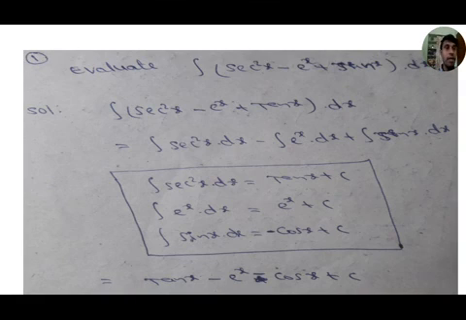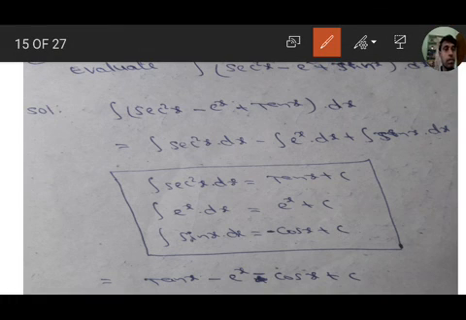First problem, evaluate integration of sec square x minus e to the power of x plus sin x dx.